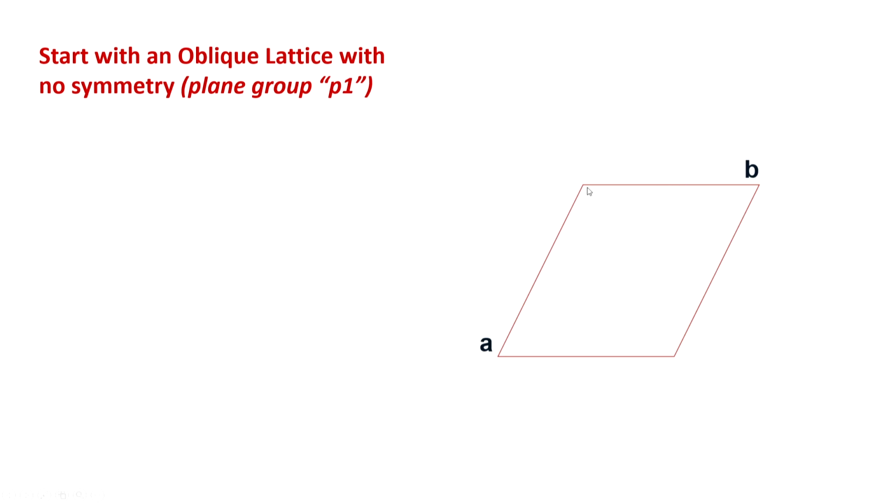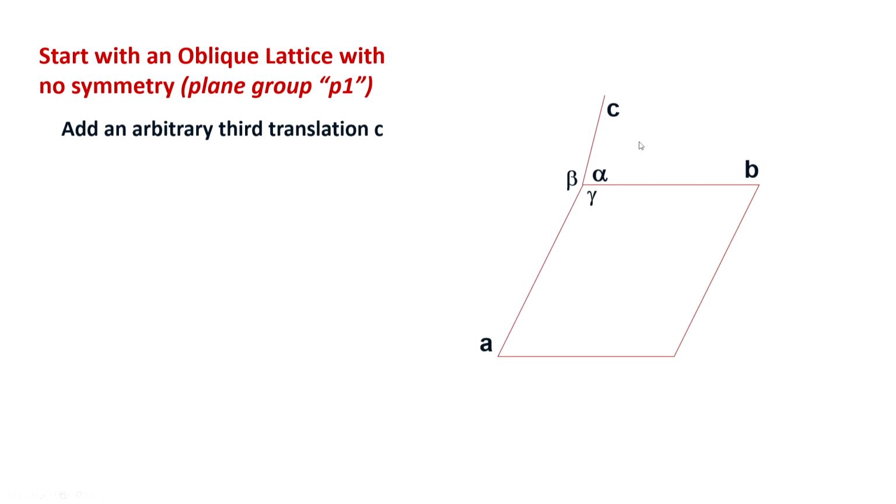So, I have this oblique lattice. Now, I want to add a third translation vector C, and I have added this in an arbitrary direction, and this vector makes an angle of alpha with the B axis, the C axis makes an angle of beta with the A axis, and the angle gamma is between A and B.